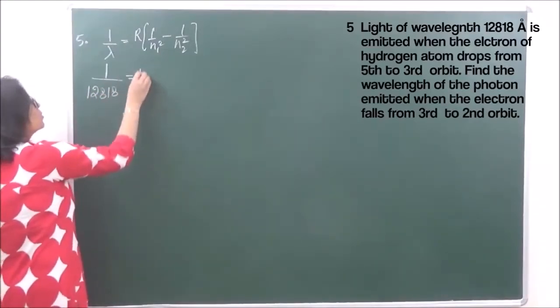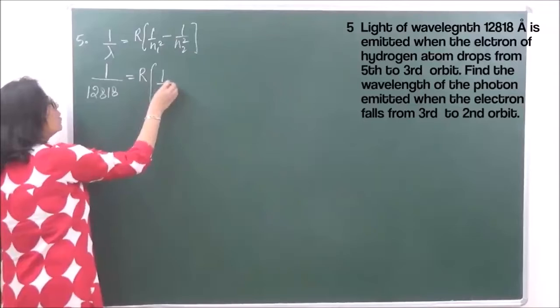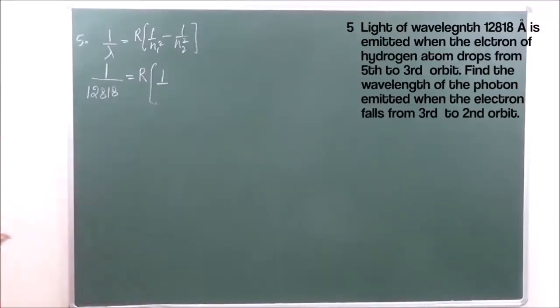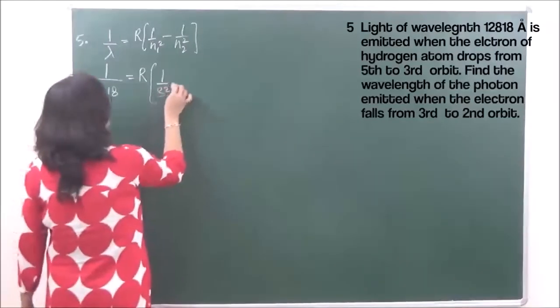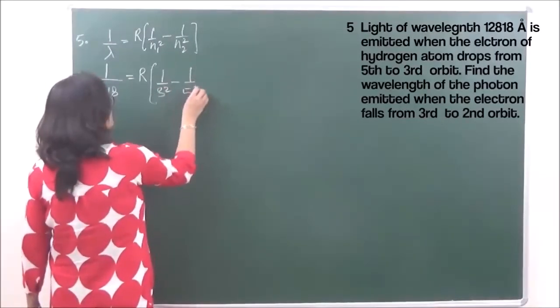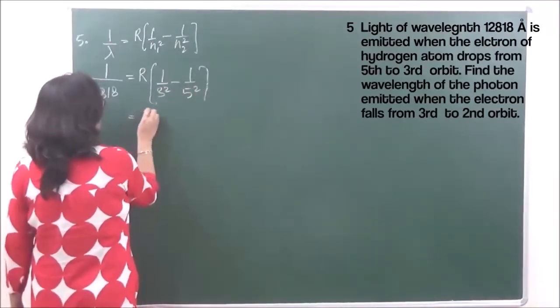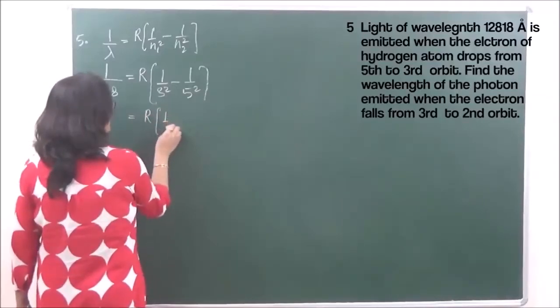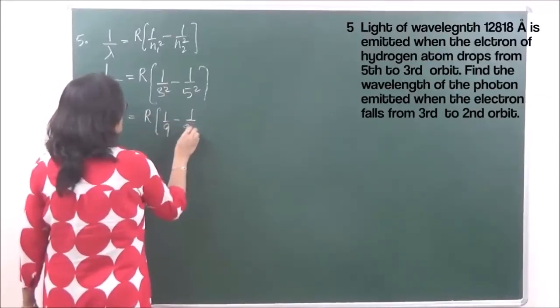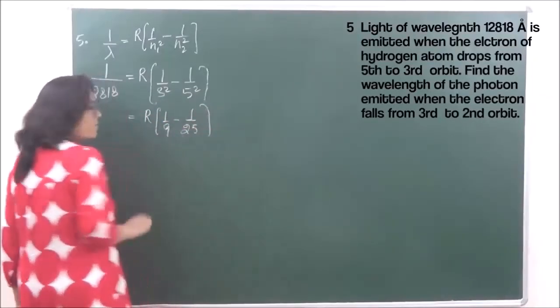1 upon lambda, that is equal to R into 1 upon 3 square minus 1 upon 5 square, since 3 and 5 are given to us. This will become equal to R into 1 upon 9 minus 1 upon 25.